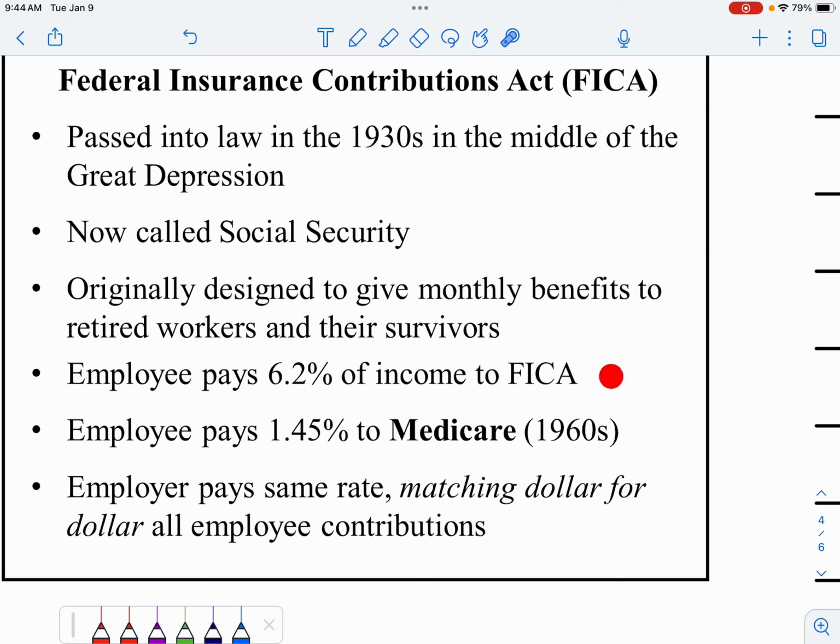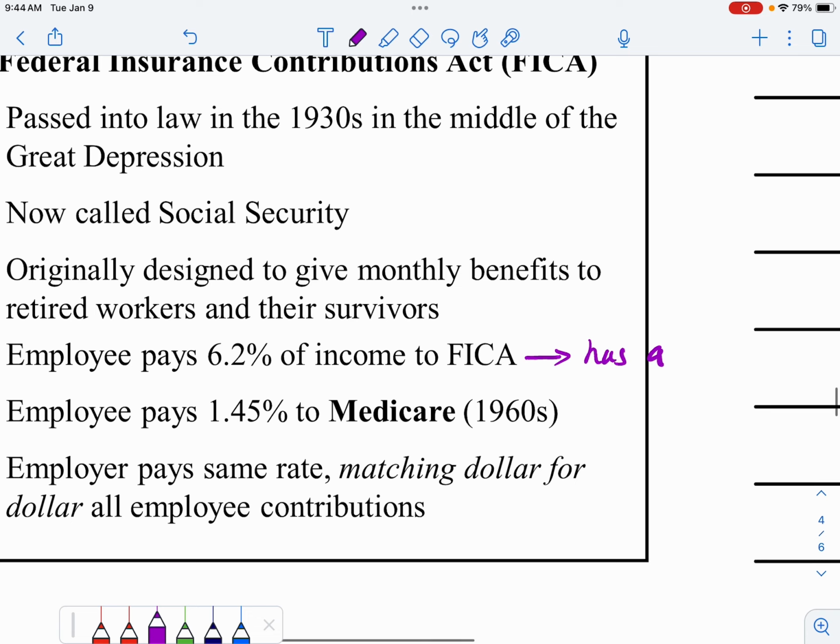These two used to be combined. FICA has a ceiling, and Medicare has no ceiling.